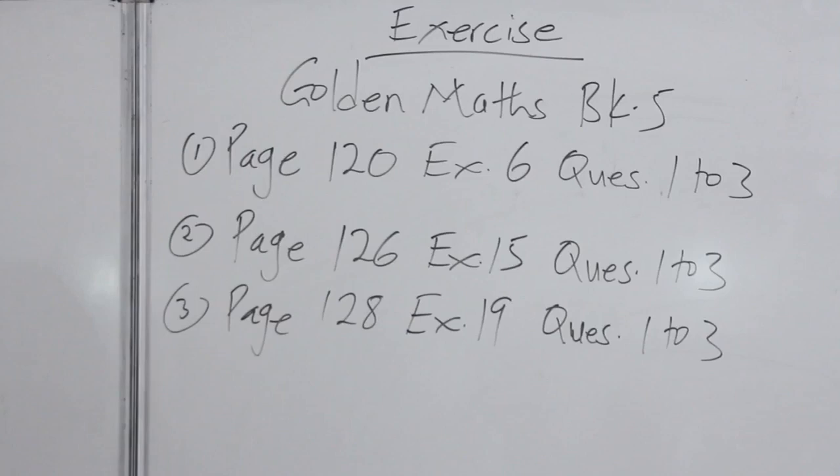It is 1 to 3, 1 to 3, 1 to 3, making 9 questions. Don't separate them. Don't solve 1 to 3 and leave a line. No, continue till you get to the 9th question. So I'm expecting 9 answers from you. Please do them and let's know if you understood it or not.